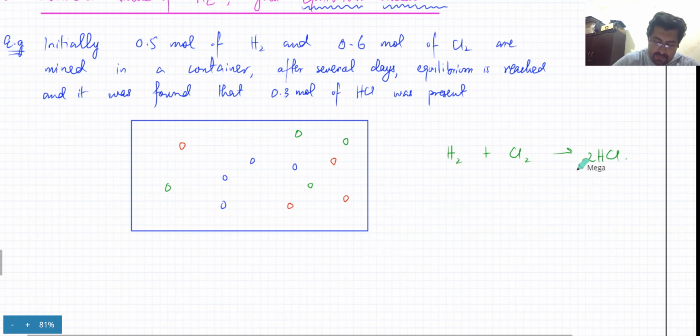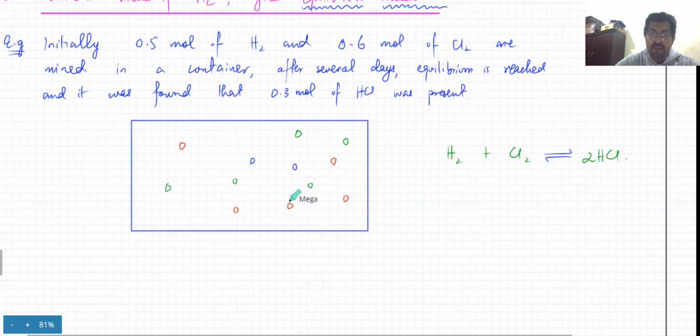But once products are produced, a backward reaction would also take place. I mean, the forward reaction was happening, then the backward would also start. So, for example, the HCl molecules would again react and produce H2 and Cl2 back again. So both the forward and backward reactions would start, and you'll get a mixture.